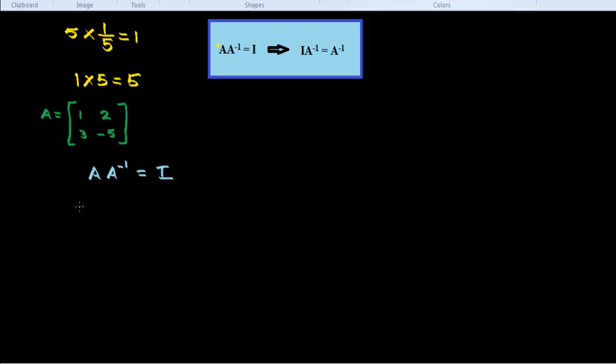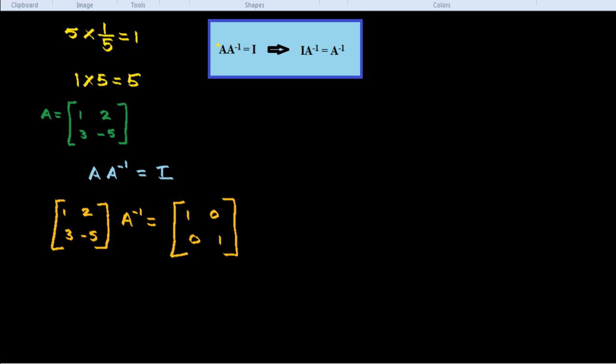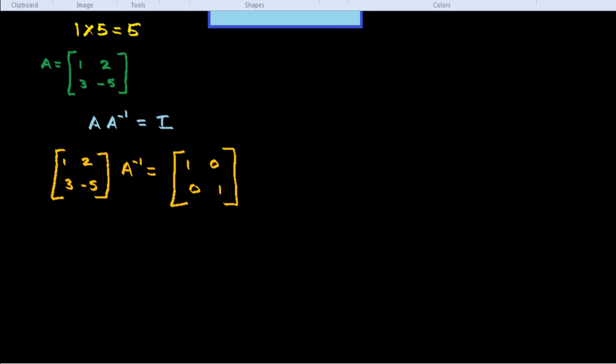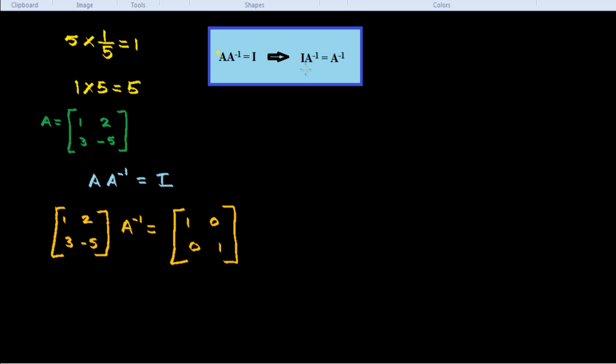So we get A is 1, 2, 3, minus 5; A inverse we have to find out, so we will write the same. The identity matrix of 2 by 2 is 1, 0, 0, 1. Okay.